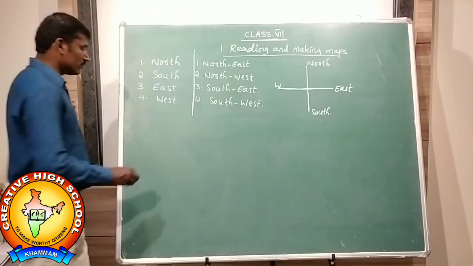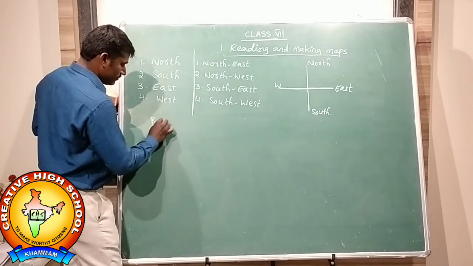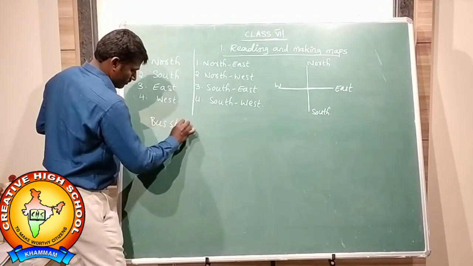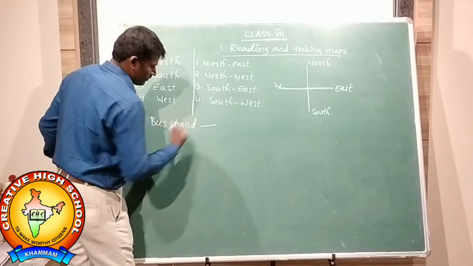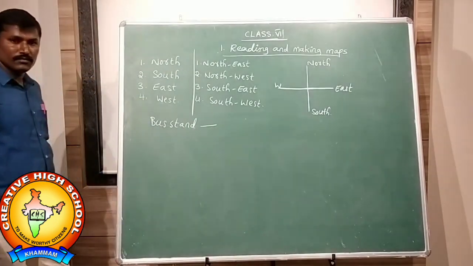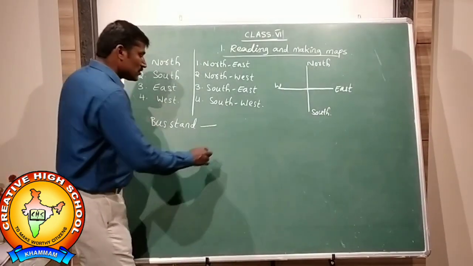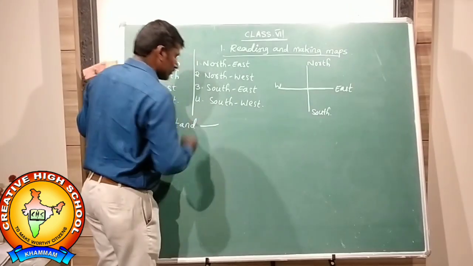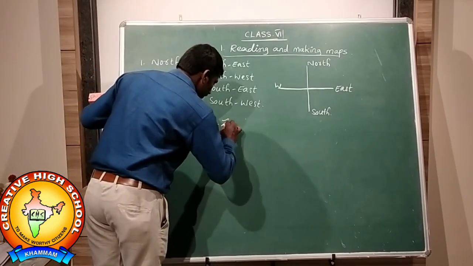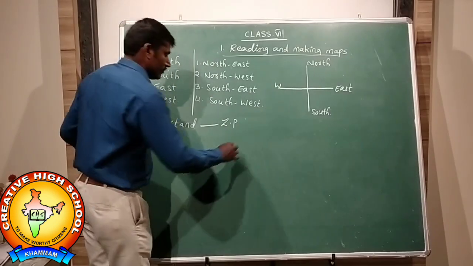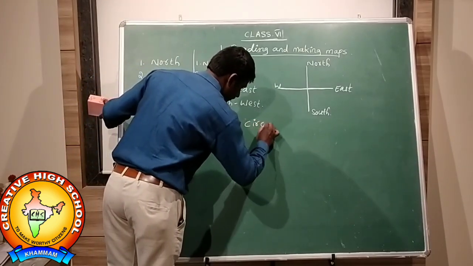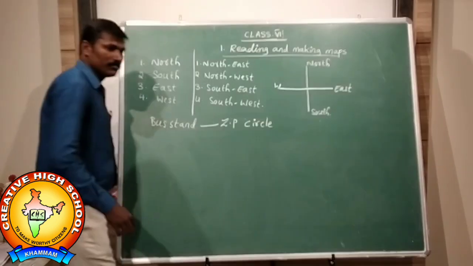She reached Khammam bus stand. From Khammam bus stand, she has to come to JP circle or somewhere else.